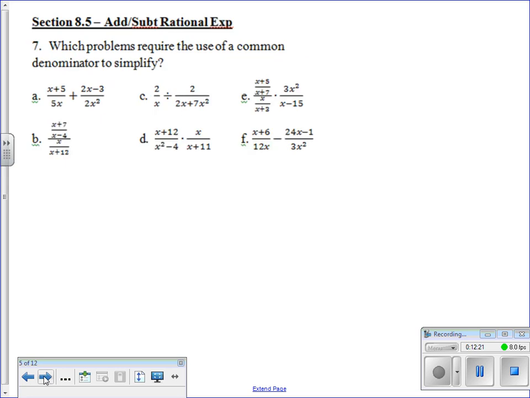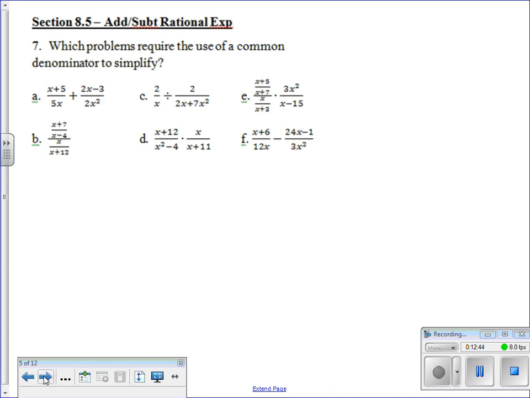Okay. Which problems require the use of a common denominator to simplify? So when you are doing fractions, what operations for fractions require common denominators? Addition and subtraction. It is irrelevant what kind of fractions you have.